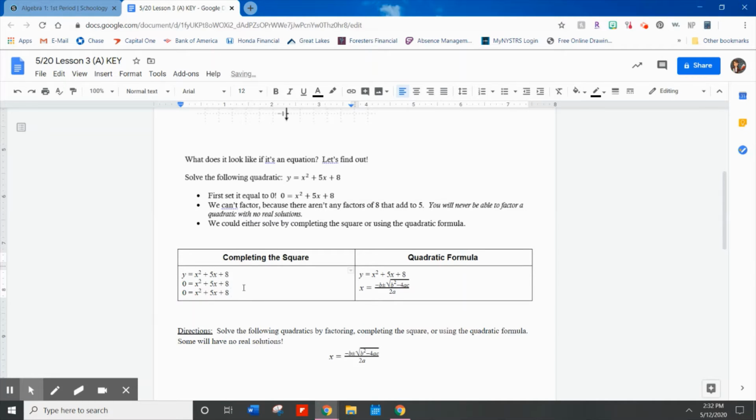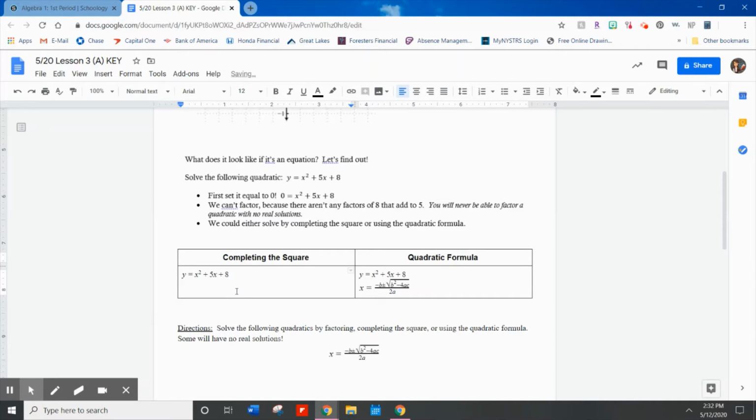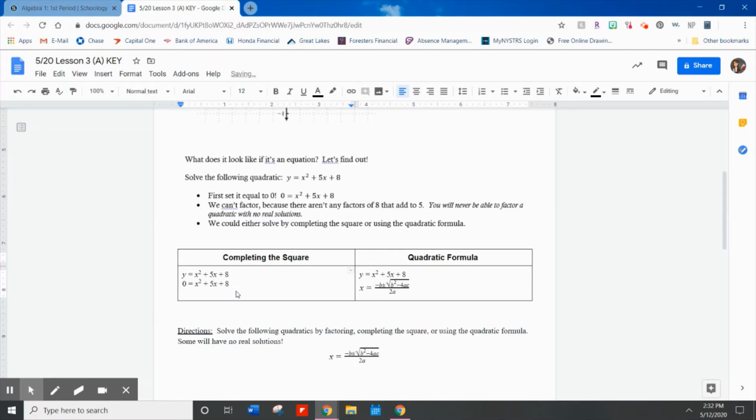So actually, we first have to take half of our b term, so 5 divided by 2, and then we're squaring that, okay, which is kind of a weird number. So 5 divided by 2 is 2.5, and when we square that, we get 6.25.